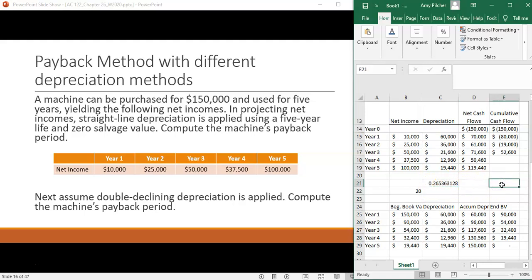So our payback period using double declining is 2.265 years. Because double declining depreciates faster in earlier years and it's a non-cash expense, we increase the amount of cash inflows during those first couple of years, which gives us a slightly faster payback.